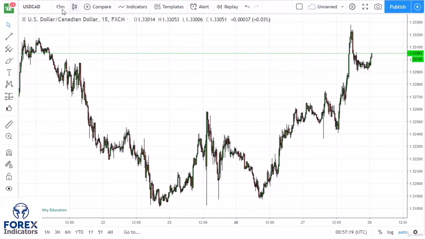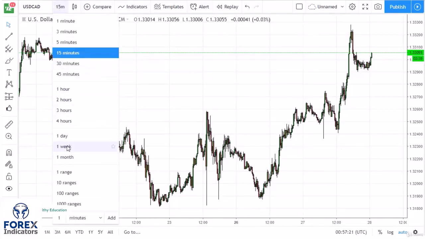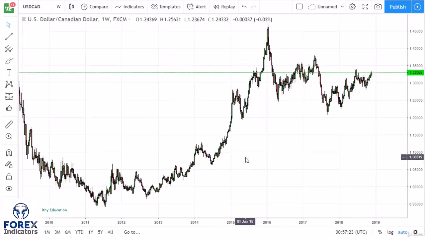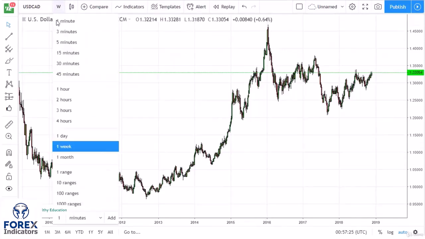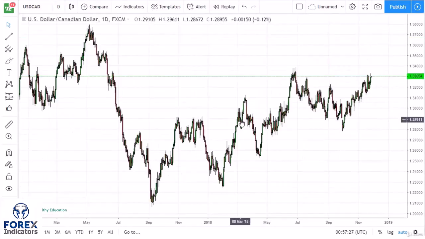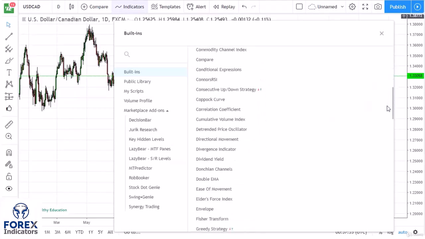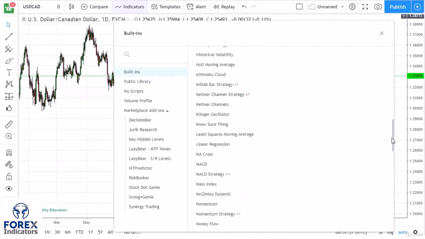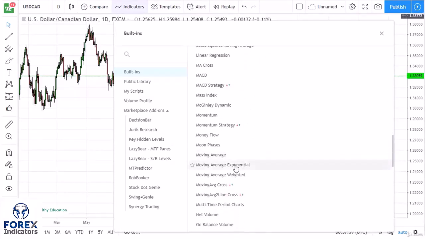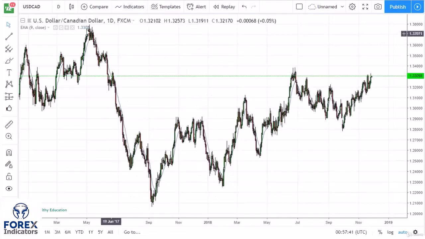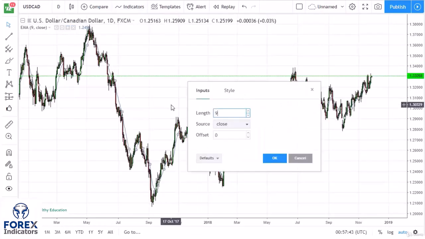So when you look at trends, the most important thing to focus on is, I would say, probably the weekly trend, if not the daily trend. There are certain moving averages that people tend to follow. So on TradingView, for example, you can go to moving average, go to exponential, and a lot of times people will use the 200-day.